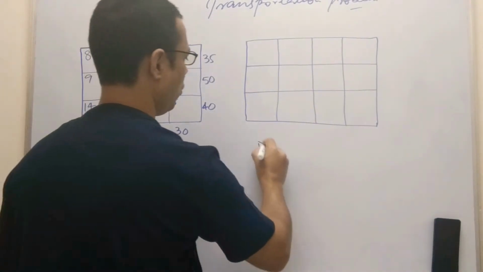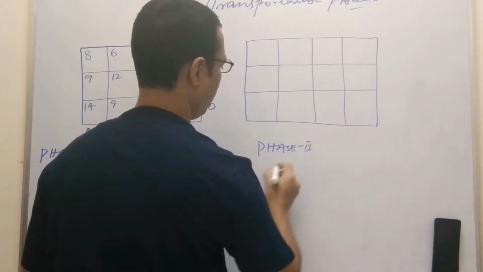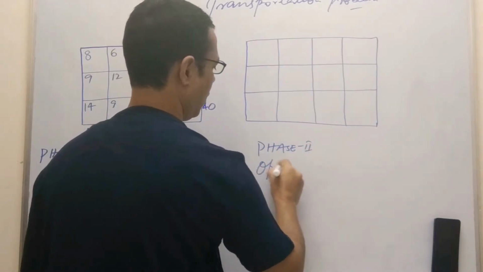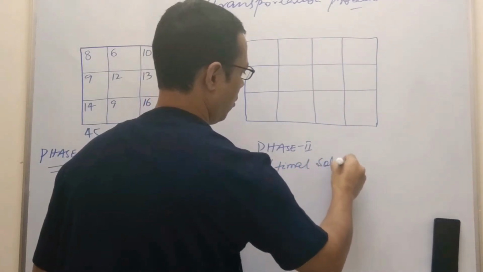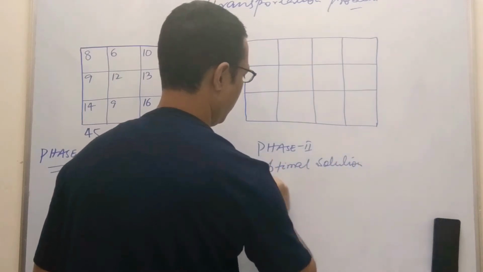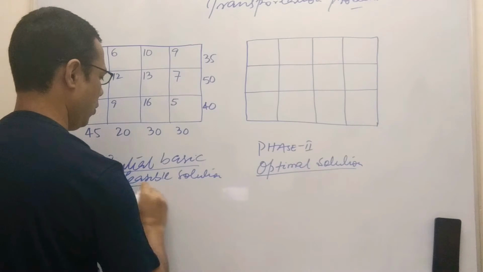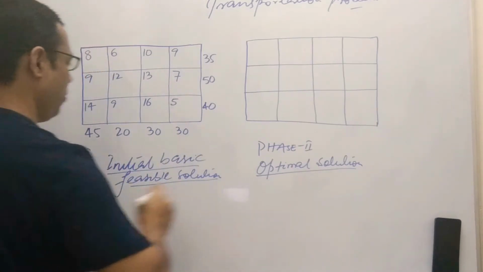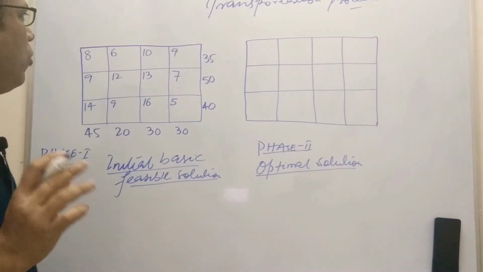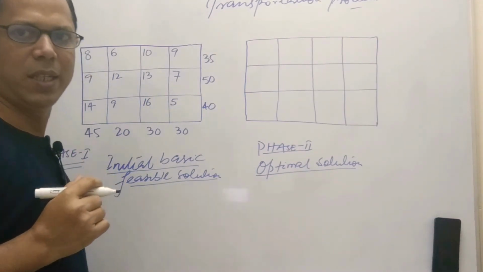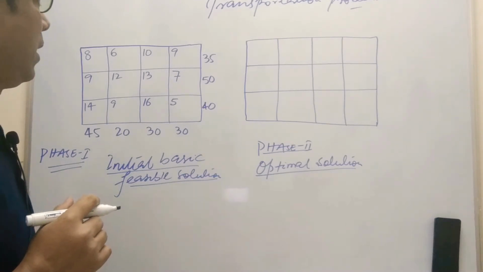Phase 2, to find the optimal solution. Phase 1 to find the initial basic feasible solution, phase 2 to find the optimal solution. Very easy and very important topic. So just concentrate and try to understand the concept to solve the problem by applying transportation problem concepts.